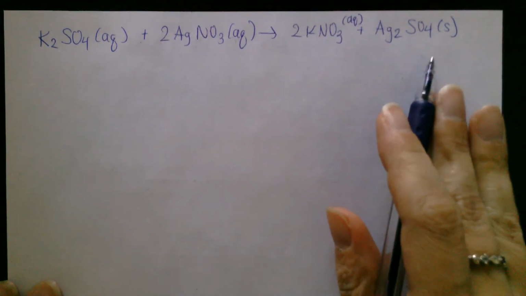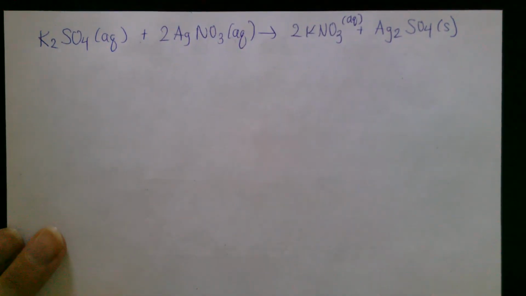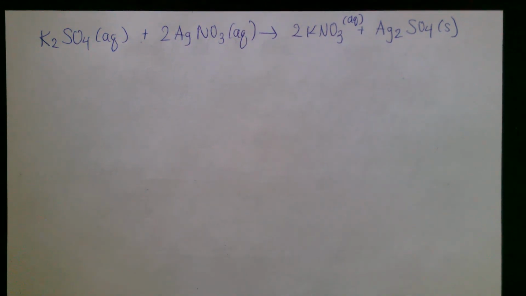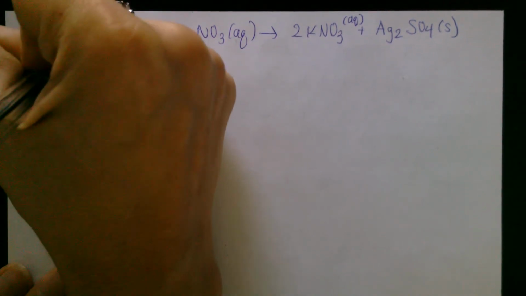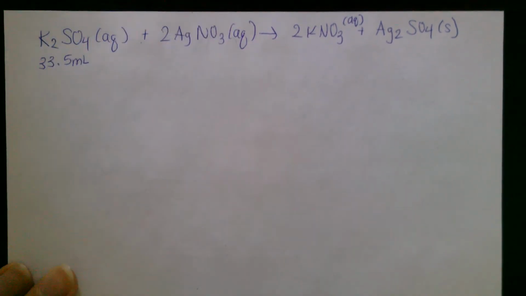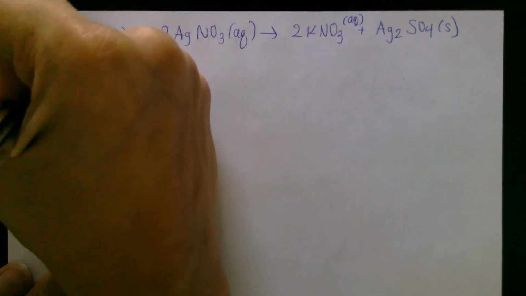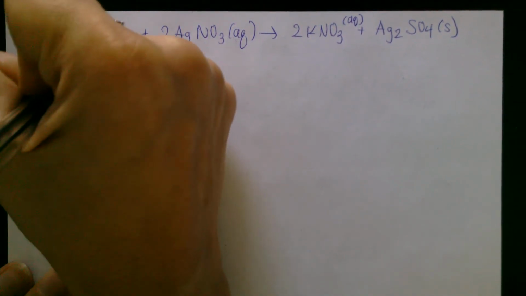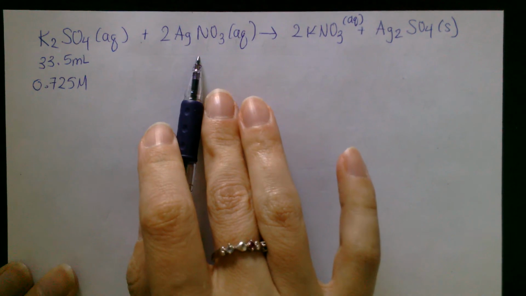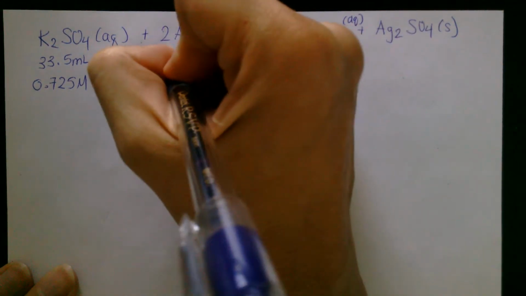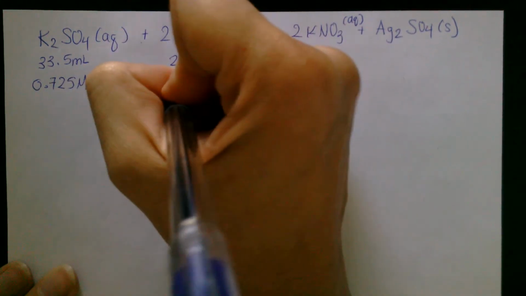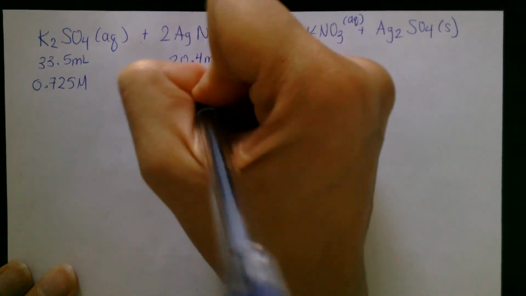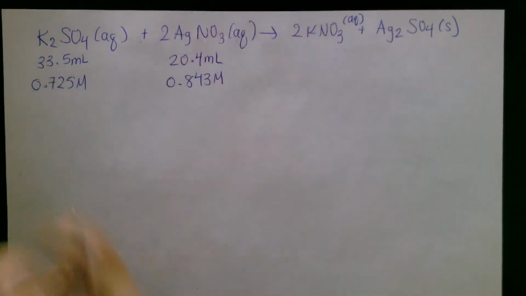Okay, so we're going to calculate the mass of silver sulfate. And we are going to do that from an initial volume of 33.5 milliliters of potassium sulfate that has a molarity of 0.725 molar. Our silver nitrate, we're going to use 20.4 milliliters, and it has a concentration of 0.843 molar.